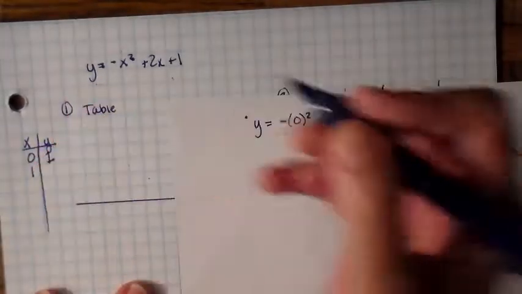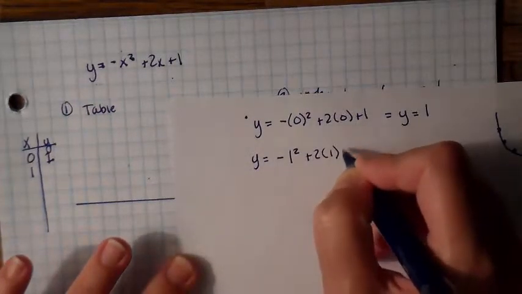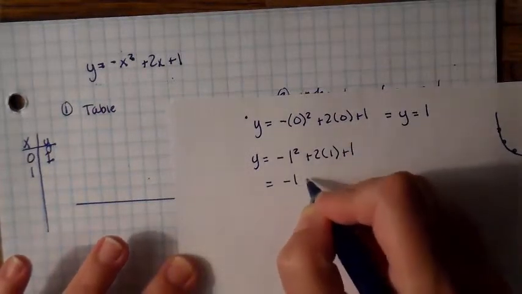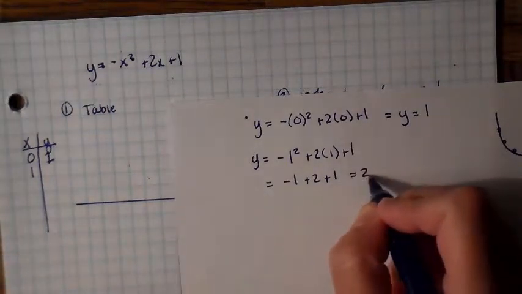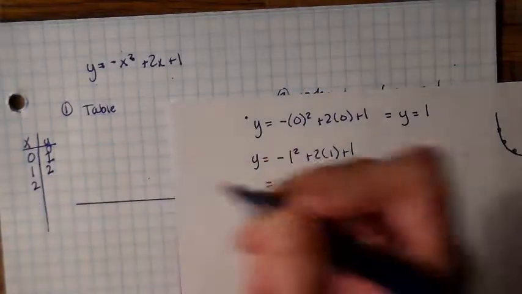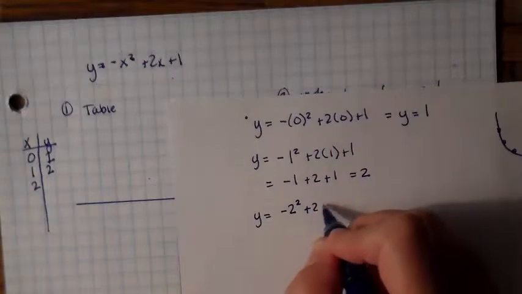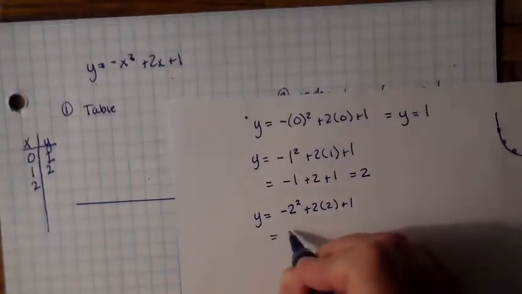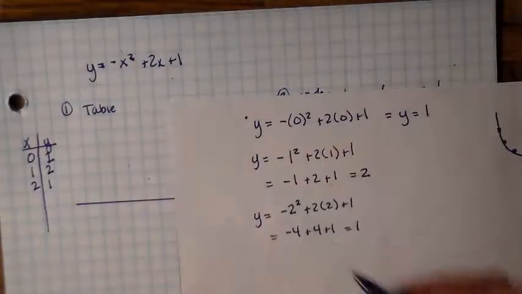So if I plug in a 1 for x, I get negative 1 plus 2 plus 1, so that's 2. If I plug in a 2 for x, I get negative 4 plus 4 plus 1, so that equals 1.